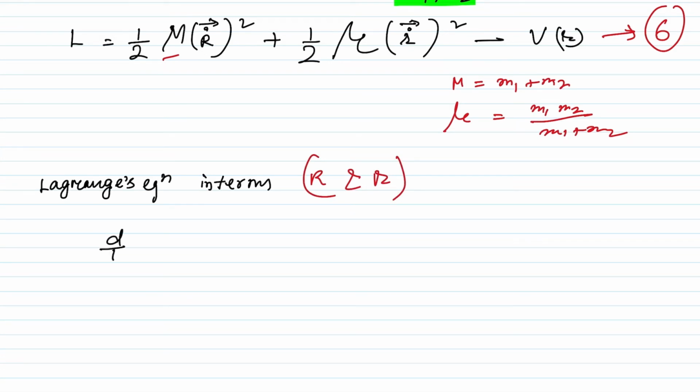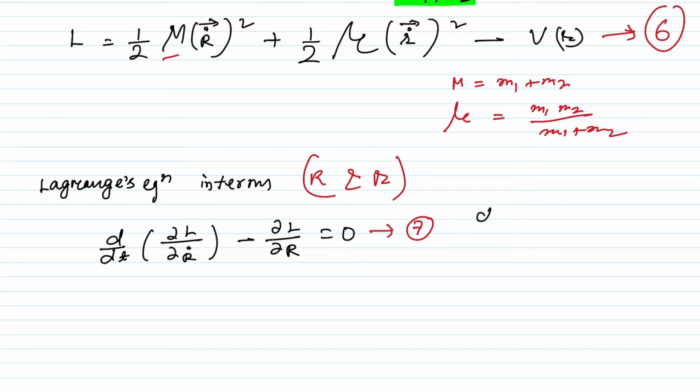One is given by d by dt of del L by del capital R dot minus del L by del capital R is equal to 0, let me take this as equation number 7. Another equation is d by dt of del L by del small r dot minus del L by del small r is equal to 0. This is nothing but the Lagrange equation. This is equation number 8.